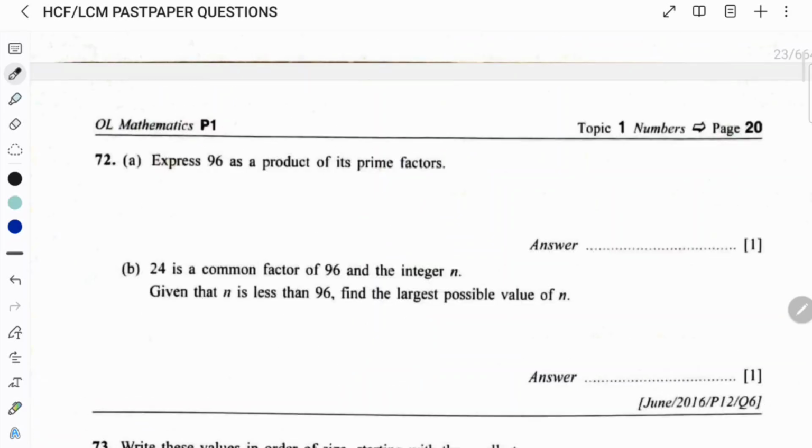Alright, the next question, June 2016, paper 1 to, question number 6. Express 96 as the product of its prime factors.